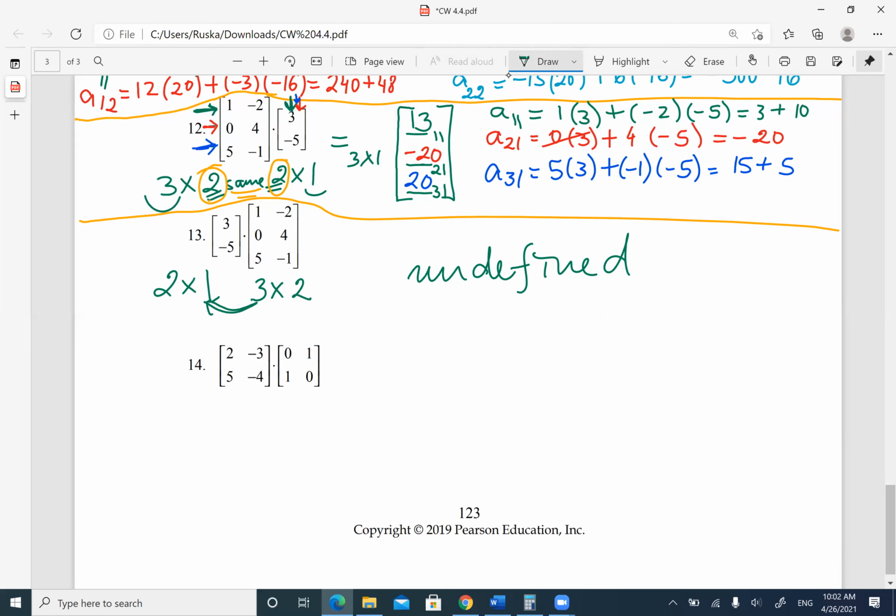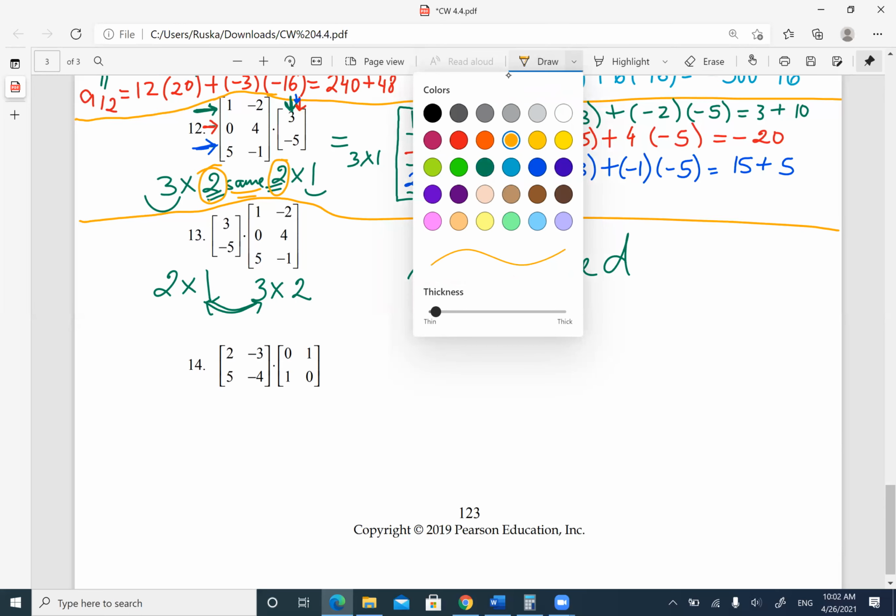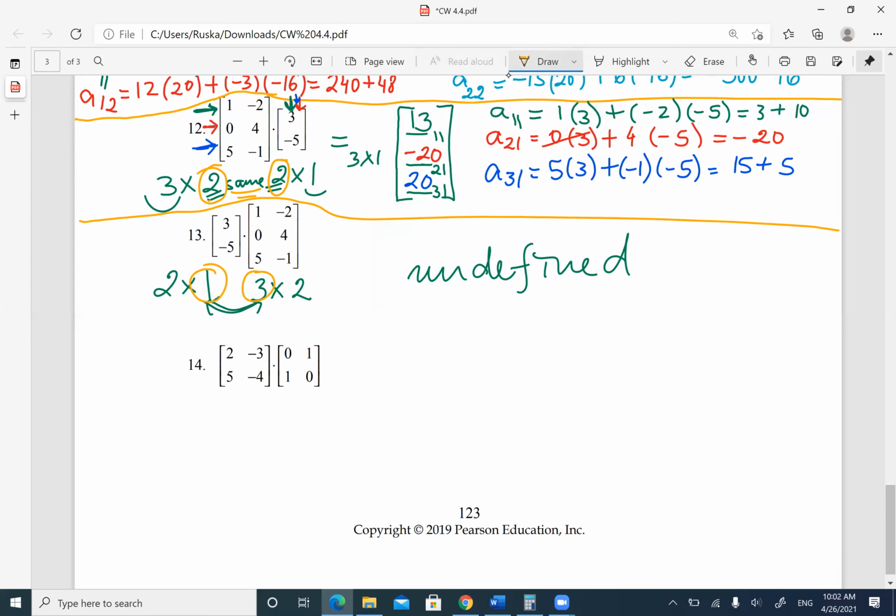Because 1 and 3, those two numbers, the indexes for the dimension, are not the same. So it's the last number in the first one and the first number in the second one.